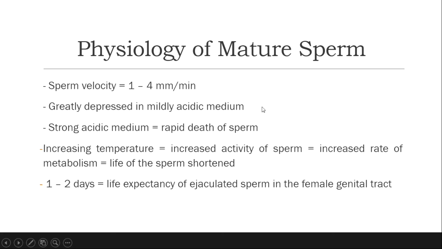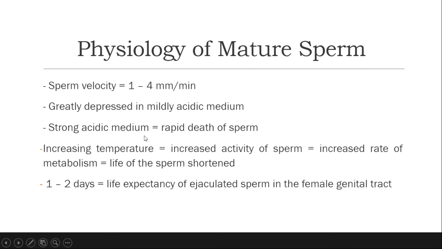So, yung key point dito na malaman natin na dapat ang optimal pH na gusto ng sperm, or the optimal pH in which the sperm can live is dapat basic or alkaline. Kasi kapag na-expose sila sa acidic medium, it will cause either depression or rapid death of the sperm. Okay? Ganon.